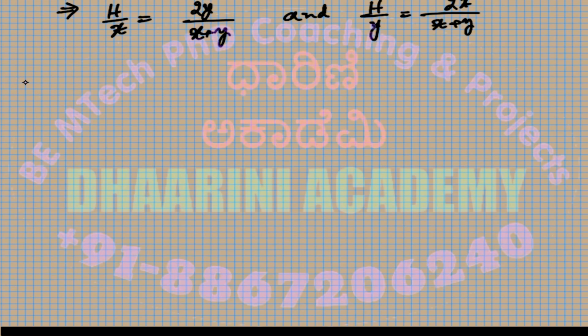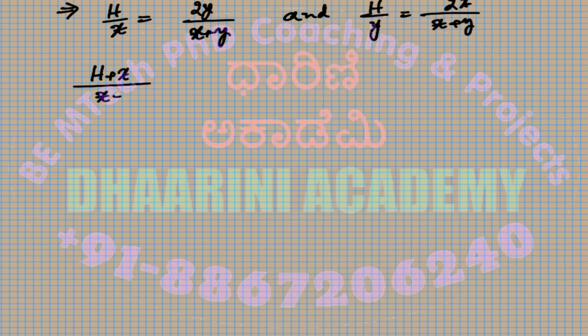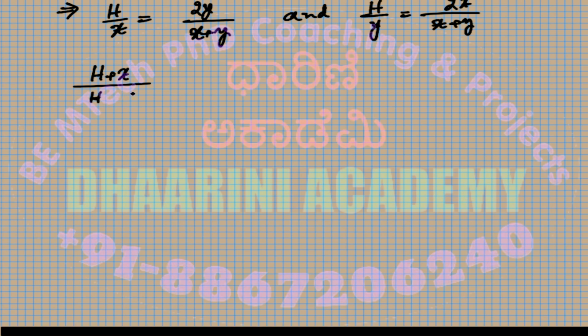So I want H plus X by H minus X. So there is a 2y, and the x component is going to give you the x plus y.